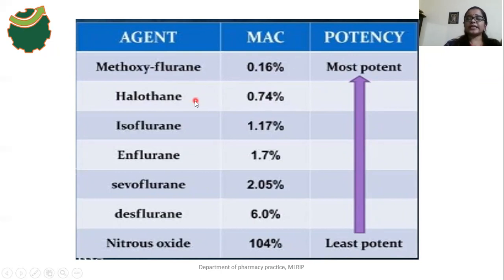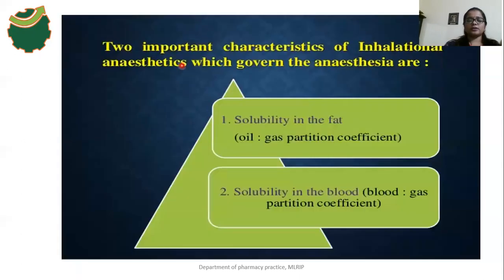The more potent inhalation anesthetics are halothane, methoxyflurane, isoflurane, enflurane, and sevoflurane, compared to desflurane and nitrous oxide, because nitrous oxide requires a high concentration to induce anesthesia. Even at a low concentration, halothane and methoxyflurane induce the anesthetic effect, so they are more potent drugs.